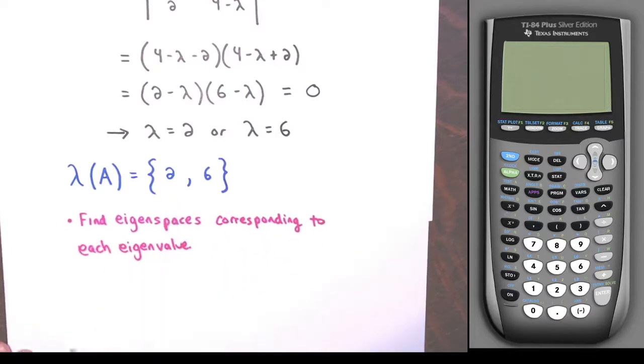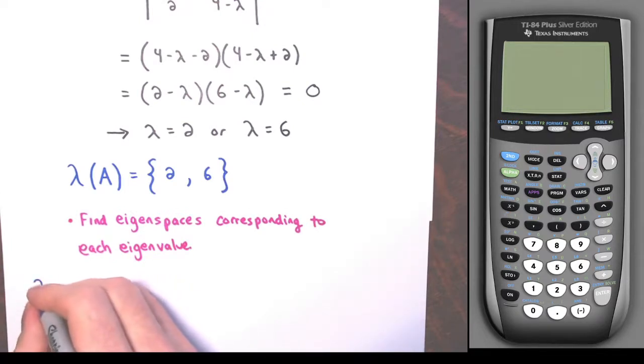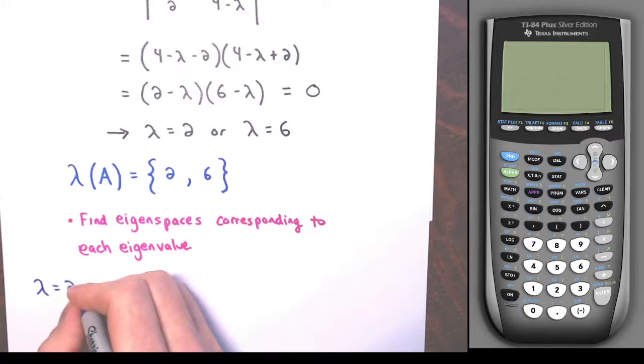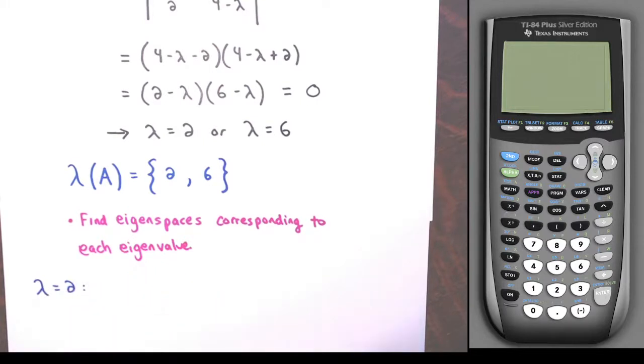I'll start with lambda equals 2. And remember, the eigenspace corresponding to a particular eigenvalue was just the null space of A minus lambda I.